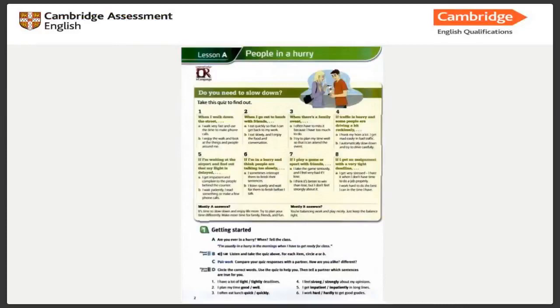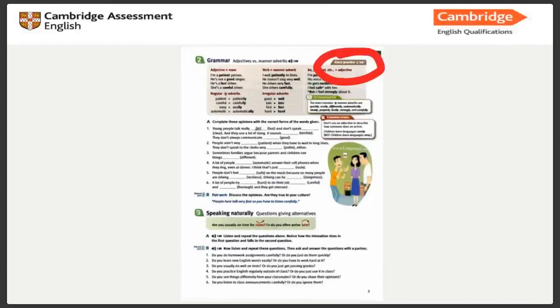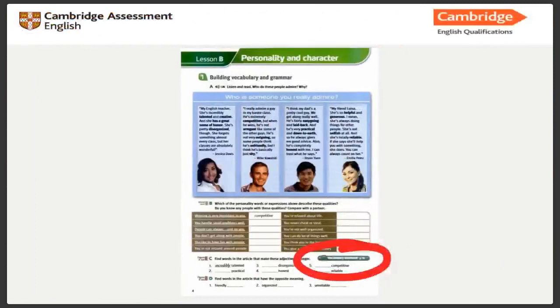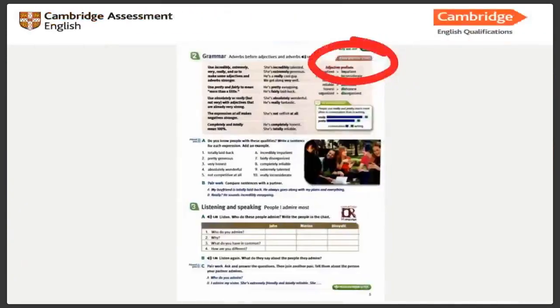Lesson A covers grammar, pronunciation, and speaking. The grammar section will include a reference to the extra practice activities located at the back of the book. Lesson B will cover vocabulary, grammar, and speaking. The vocabulary section may include a prompt for the vocabulary notebook as well. Once again, the grammar section will reference an extra practice activity.